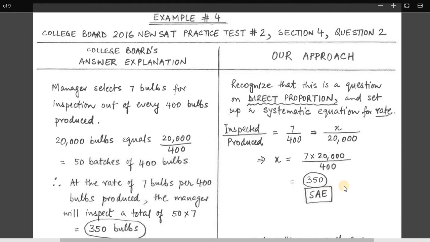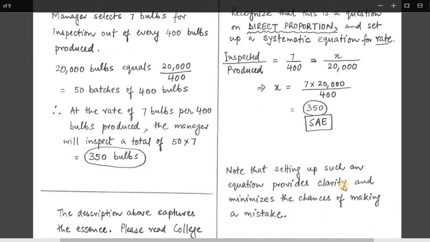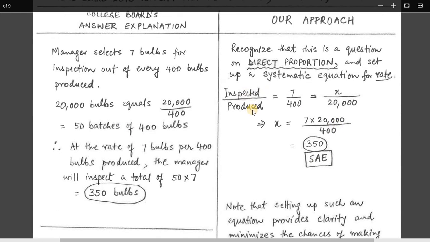So this is a very systematic way to do it. If you set up this equation, you will not make a mistake compared to going through this kind of exercise on the left where you find out how many batches were produced and things like that. So just focus on a systematic equation for rate, whether it's direct proportion or inverse proportion, where one thing goes up, the other thing goes down.